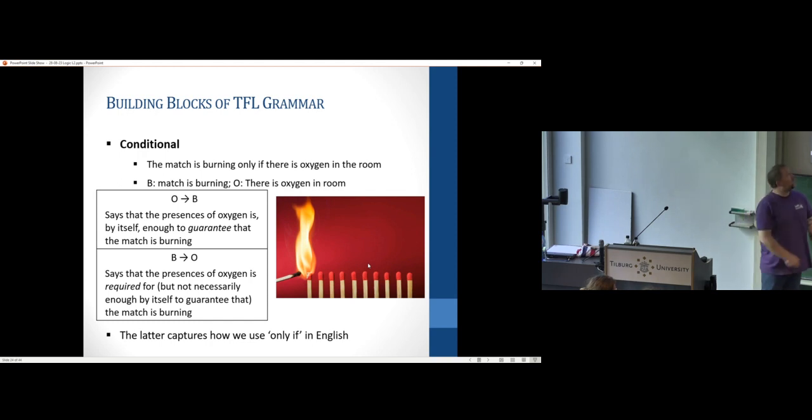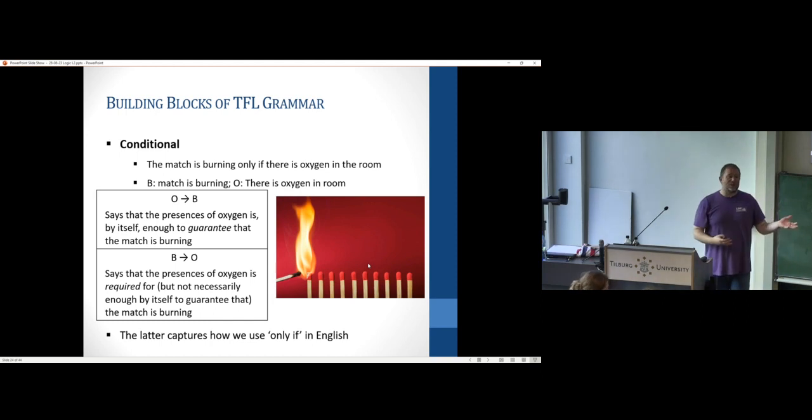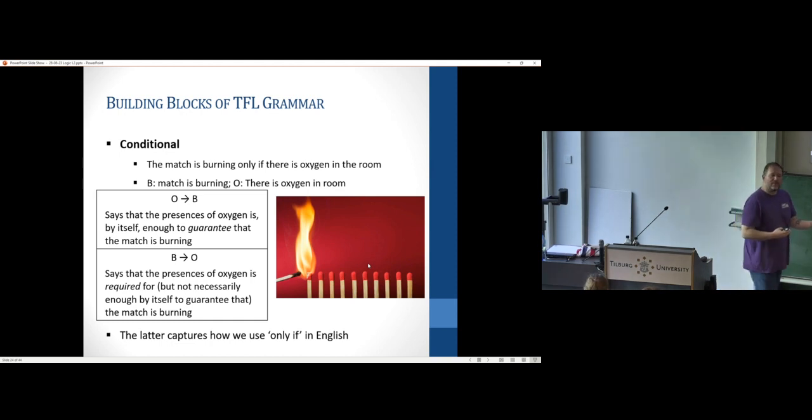But this suggests that the presence of oxygen is enough to guarantee the match is burning. And that would be bad because, well, that would mean a hell of a lot of fires all the time. Matches would just be exploding left and right. That's not what this sentence is saying.